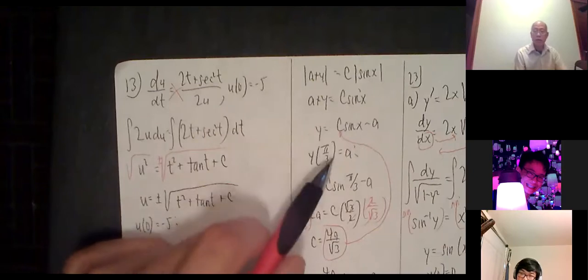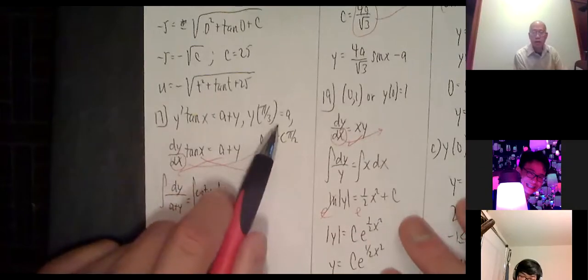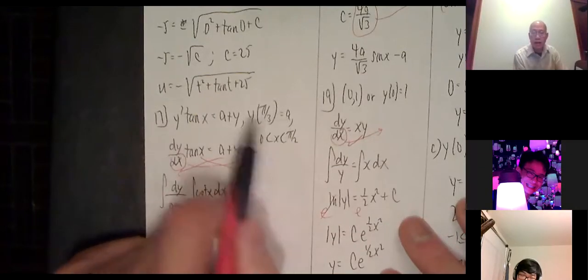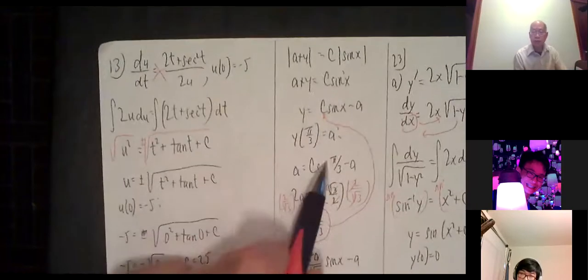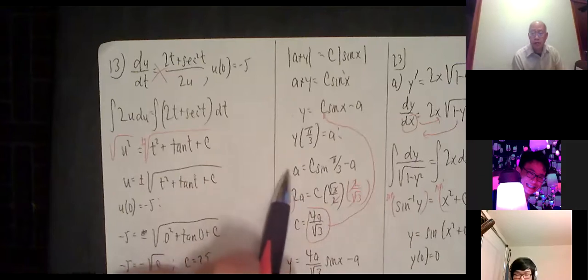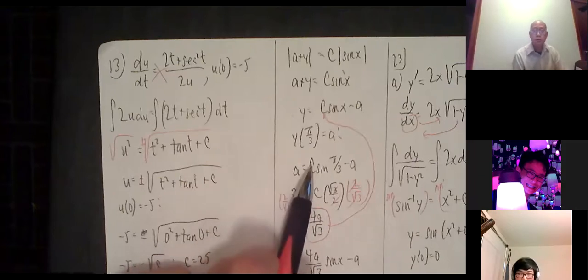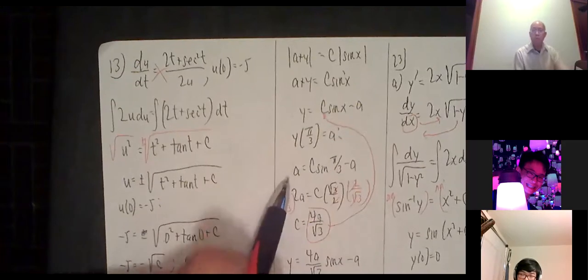Okay, now they want me to find out the c. So I plug in y of pi over 3 equals a. So y is a, the x is pi over 3. So put pi over 3 right here and a over here. So I have c sine pi over 3 minus a equals a.